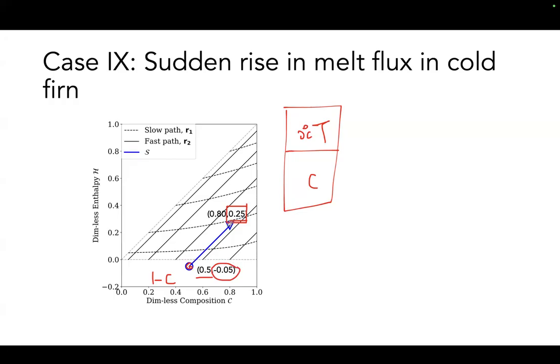So in that case, since they lie parallel to the fast path, you will go from top to bottom on this fast path. And it's an extended fast path because it goes into the cold region where in reality there is no path.